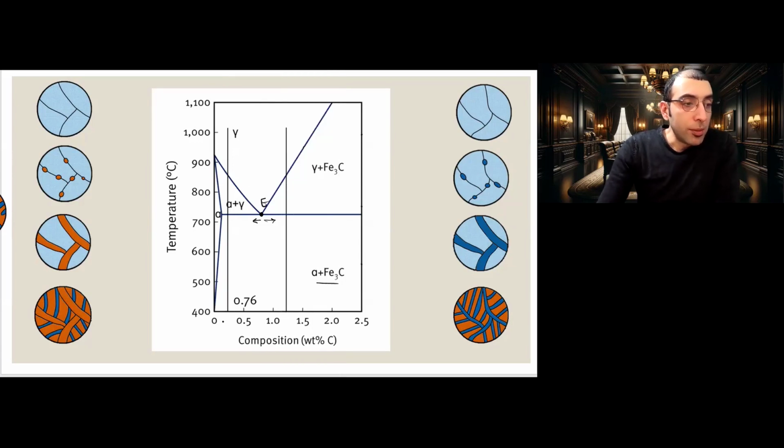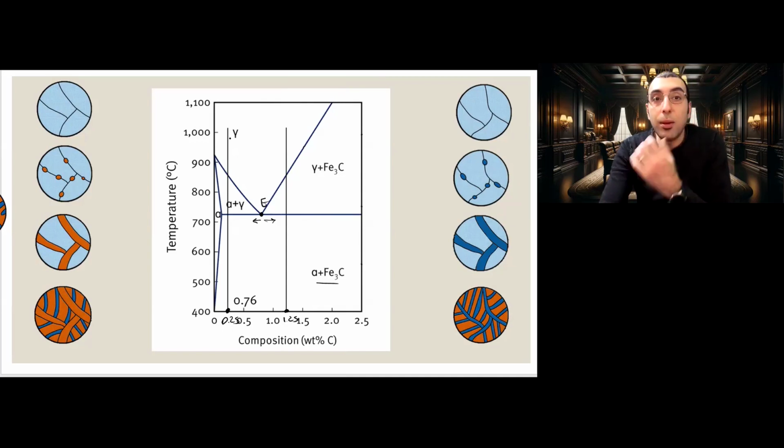So for this composition, imagine we are at 0.25 here, and here we are at 1.25. So we are at these two carbon compositions, iron with two carbon. So one, we have iron with 0.25% of carbon, and the other one, we have iron with 1.25% of carbon. This one has lower carbon composition than our eutectoid point.